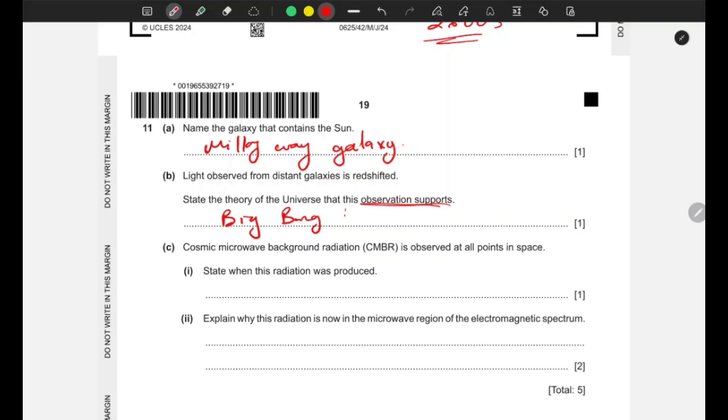How it supports the Big Bang theory is that farther objects are redshifted. After a long period of time, some galaxies are being redshifted, and they're appearing to be red. So that means those galaxies are moving further and further away from the center. So that's how it supports the Big Bang theory.